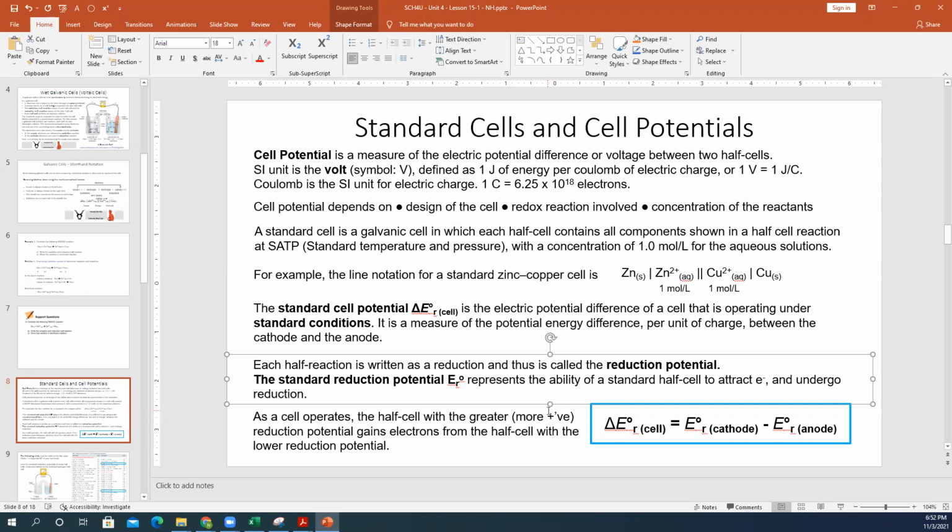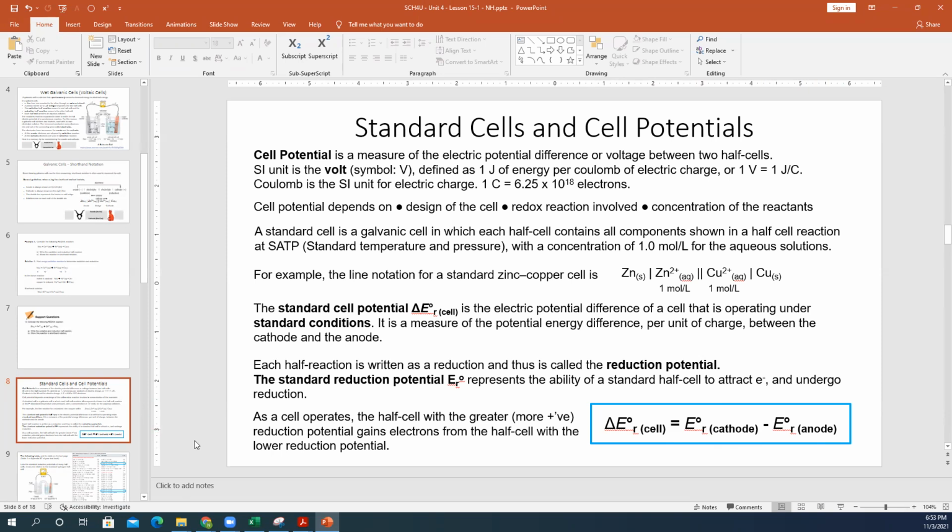As the cell operates, the half cell with the greatest reduction potential, the one that's more positive, gains electrons from the half cell with the lower reduction potential. So the delta E naught R of the cell is defined as the standard reduction potential of the cathode minus the standard reduction potential of the anode.